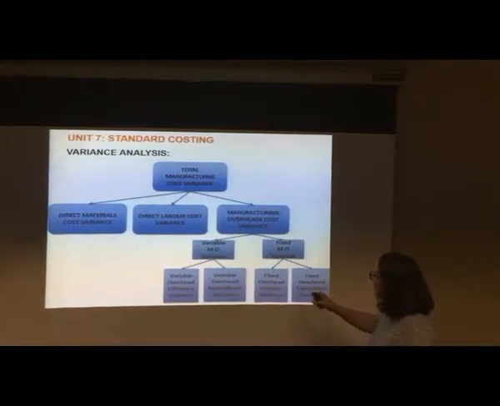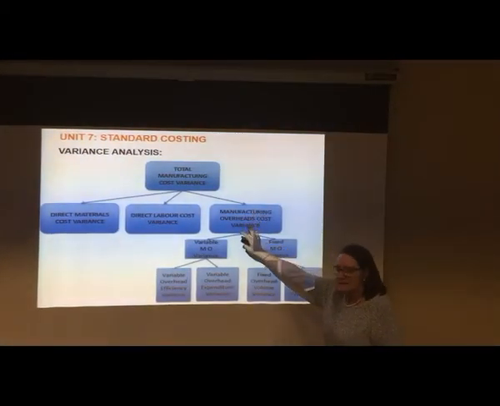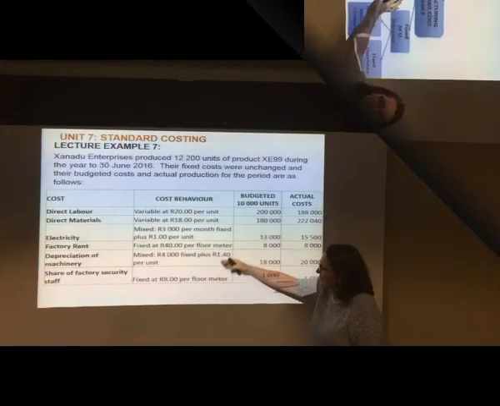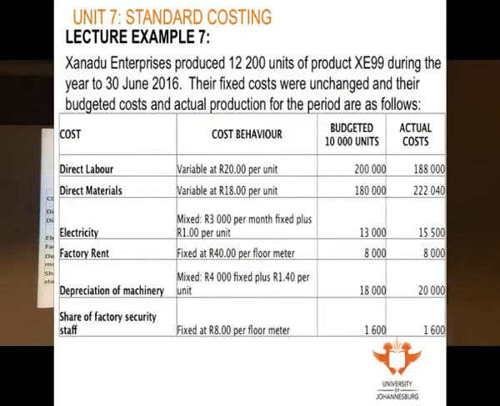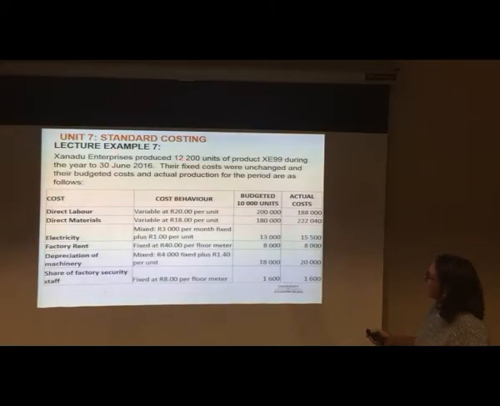Now we're looking here. We're taking the overhead cost and dividing it into variable and fixed. The fixed costs were unchanged, and their budgeted costs and actual production period are as follows. So this is fixed at 18 Rand a meter. This is 4,000 fixed plus 1 Rand 40.